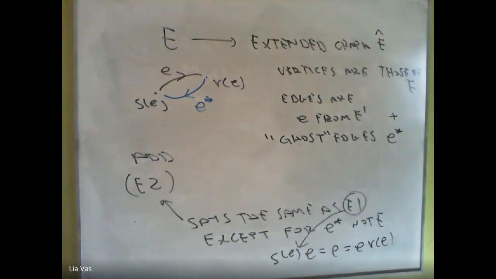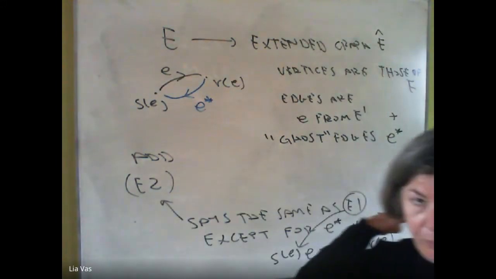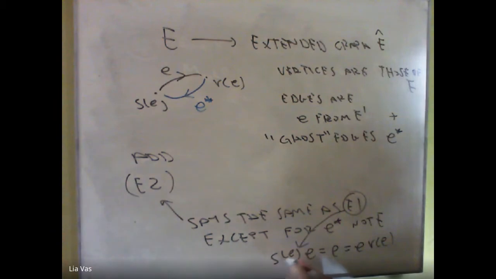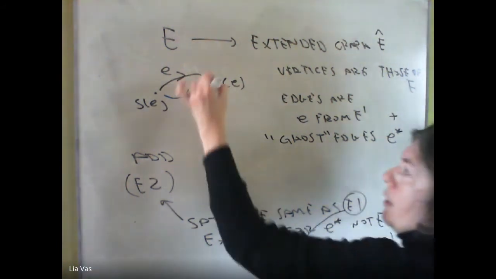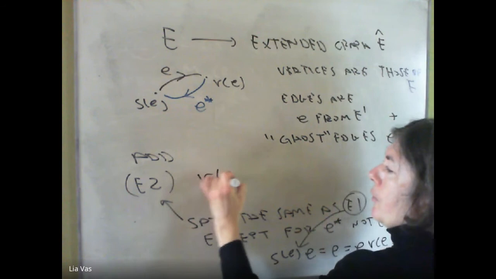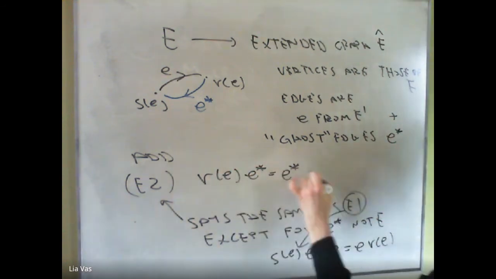How is this new axiom that I'm adding for ghost edges going to look? I want to say source of e star times e star is e star. But what is source of e star? Source of e star is range of e. So I will say range of e times e star is e star.